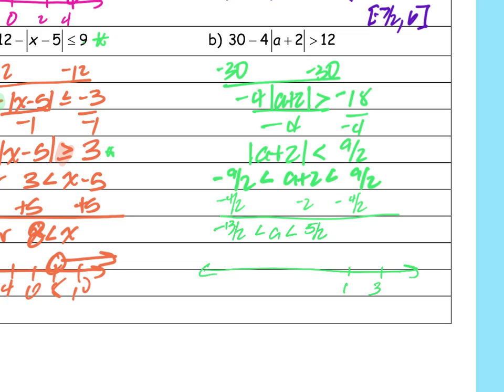Yeah, we can do that. 0, negative 3, negative 6, negative 9. So this is 2.5, so it should be almost 3. And this is negative 6.5, so it should just be past negative 6. And A is greater than that and less than 5 halves, so it's right in between there. Okay. All right, there we go.